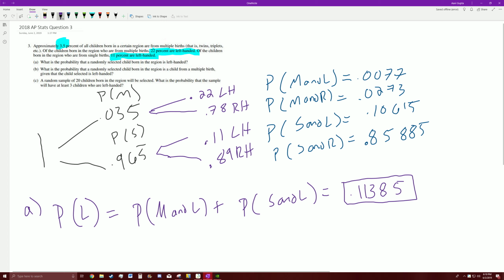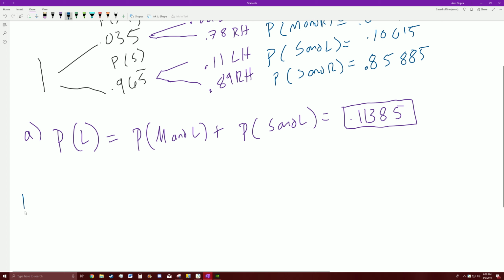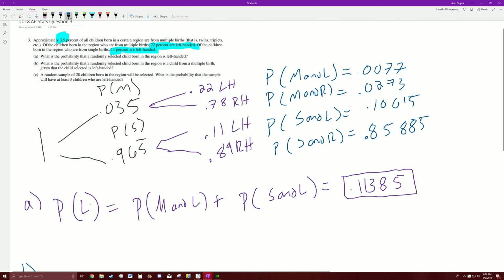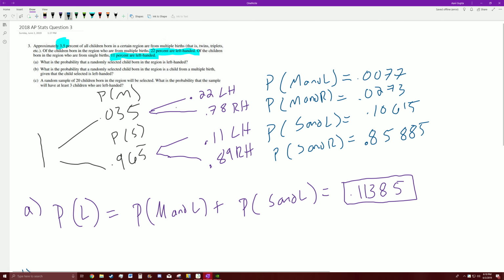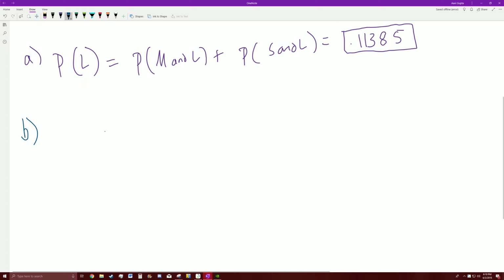Now let's look at part B. What is the probability that a randomly selected child born in the region is a child from a multiple birth, given that the child selected is left-handed? Okay, so for this, you should remember this very simple thing.